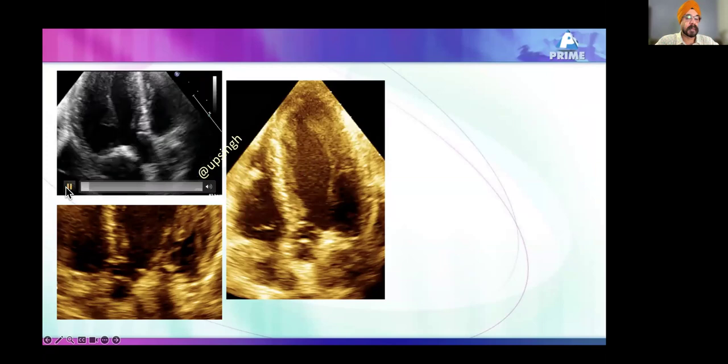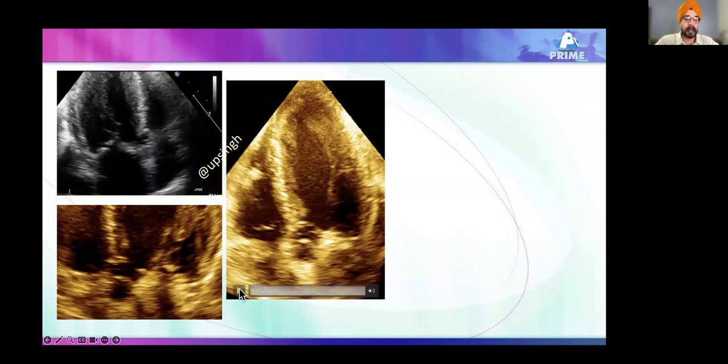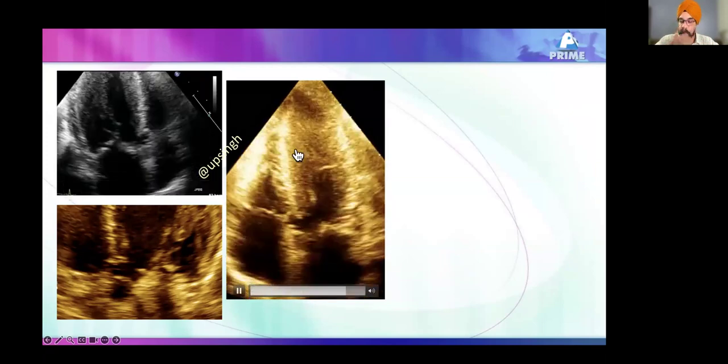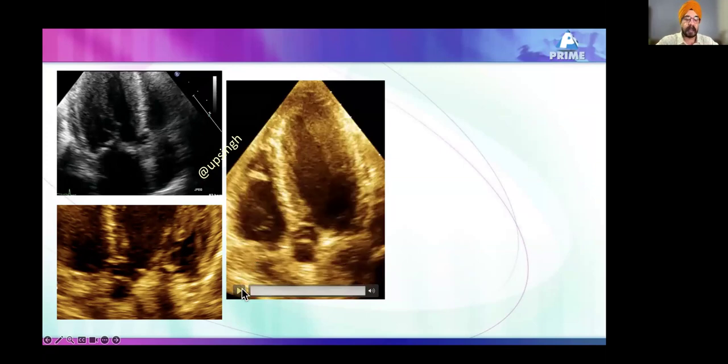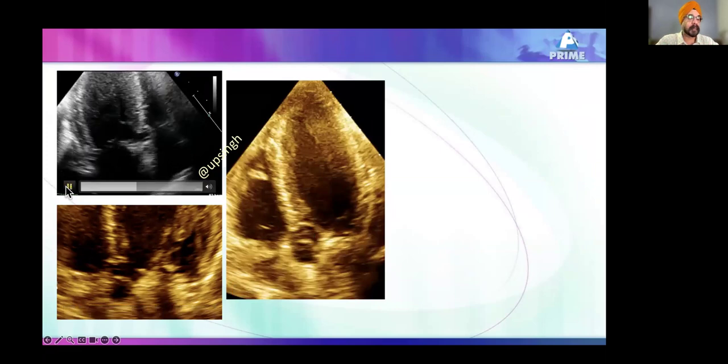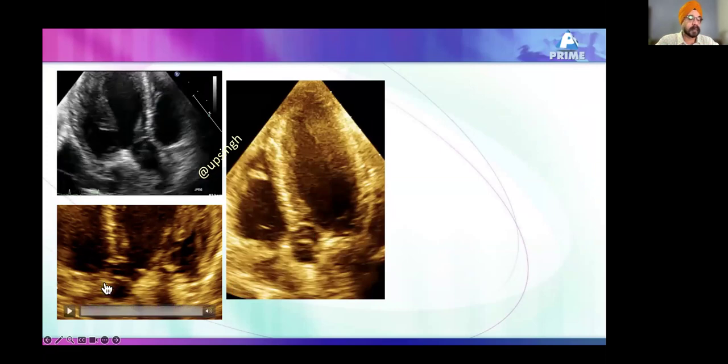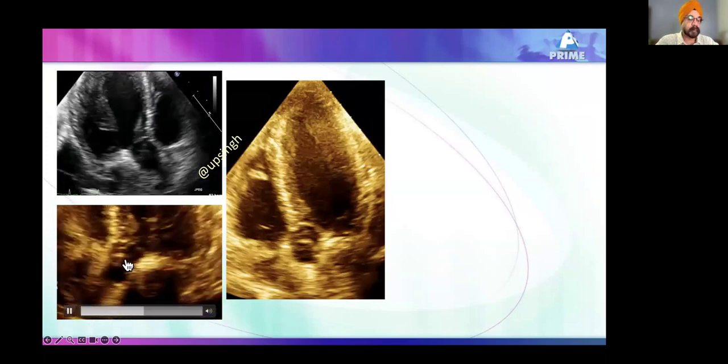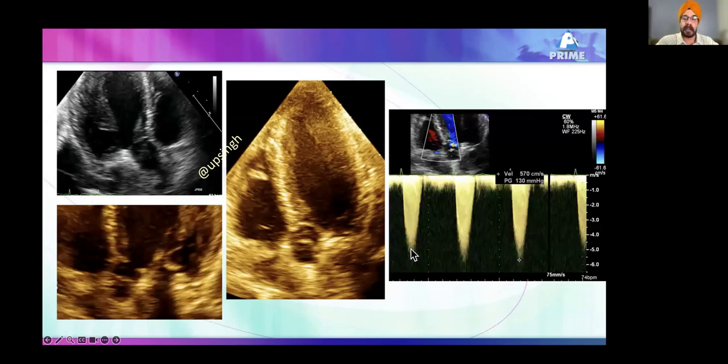Showing you one more case of subaortic membrane. Let me show you the ventricular hypertrophy in this case, and you see the subaortic membrane here, and in this patient the gradient was really very high.